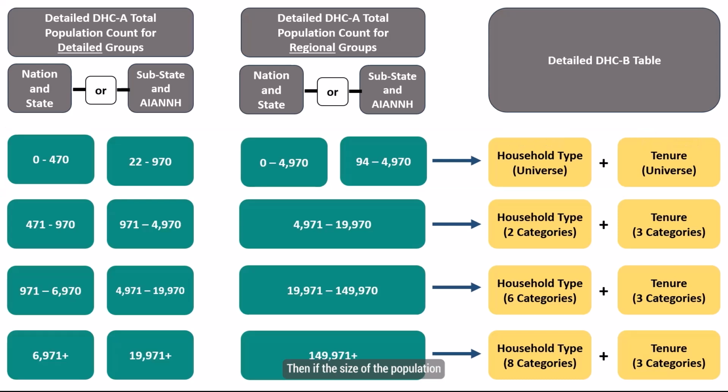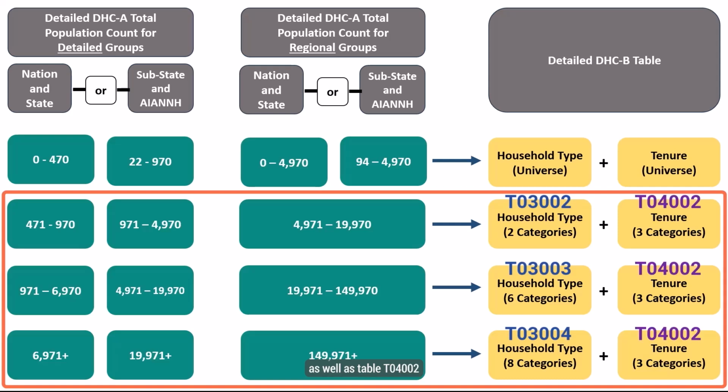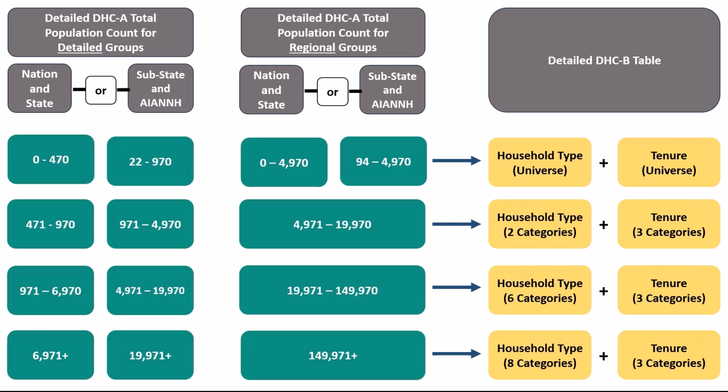Then, if the size of the population you're looking at is larger, you will receive one of the other 3 household type tables, as well as table T04002 with the 3 tenure categories. In other words, you'll never find data in more than 2 tables at any given geography.